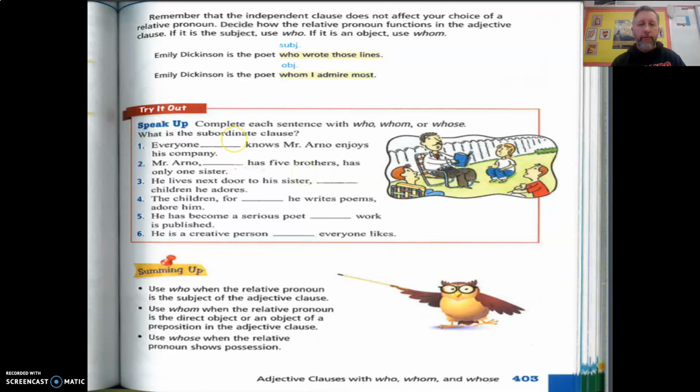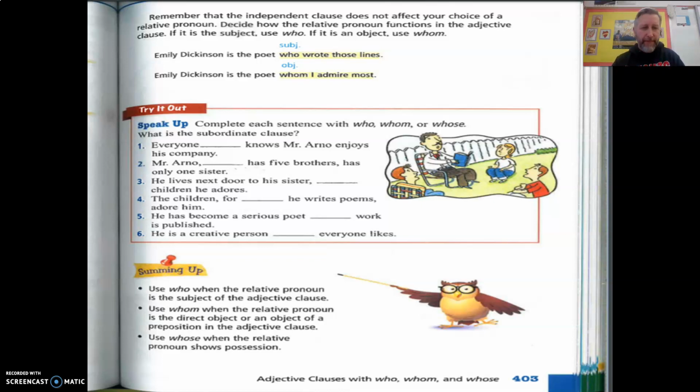The children for who he writes poems adore him. That doesn't sound too horrible. The children for whom he writes poems adore him. That's better. Maybe it sounds about the same to you, but that's because we don't always use who and whom correctly all the time. But now you will, after today, for the rest of your life.